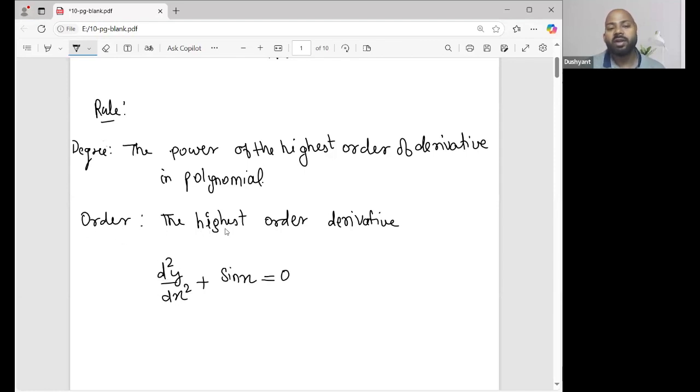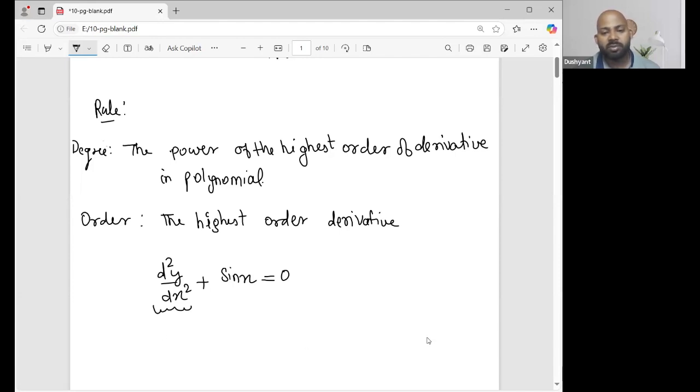What is the order here? The highest order derivative, so the order is 2 here. What is the degree here? Whatever the exponent of the highest order derivative is, so the degree will be 1 only.